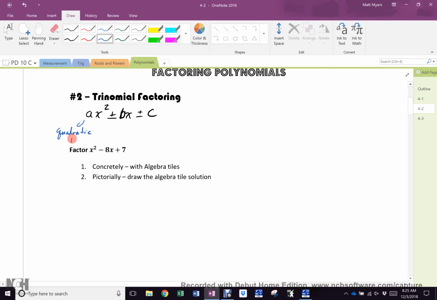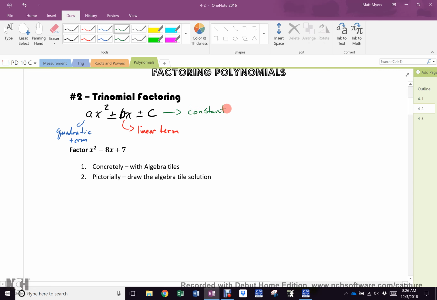I'm just saying it so if I discuss quadratic, like where in the trinomial something is, you know what I'm speaking about, okay? This guy is called the linear term, and this one is called the constant.